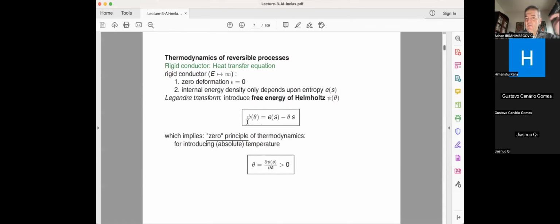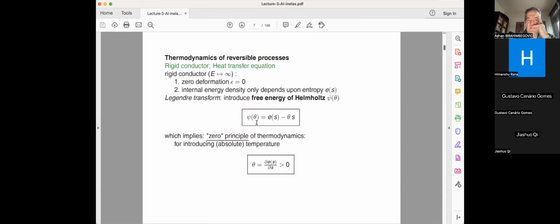In other words, you can say the psi of theta, which is the free energy of Helmholtz, and the internal energy E of S, these two are connected with the product between theta and S. It's rather similar to saying that you can have an internal energy, a function of epsilon, and then a complementary energy that you can express in terms of sigma, and these two are connected with the product of sigma epsilon in mechanics. So this is pretty much the same type of thing.